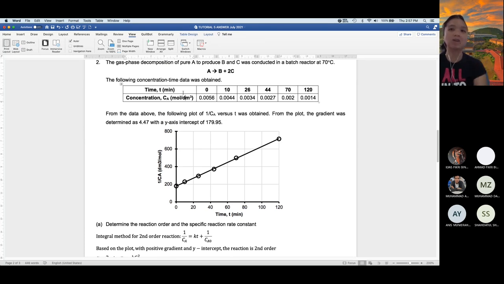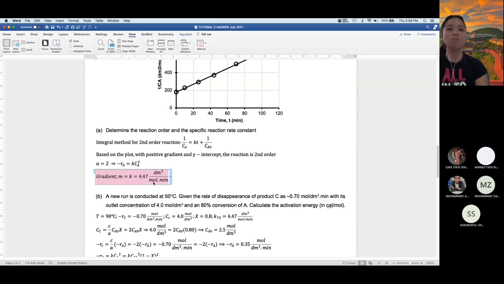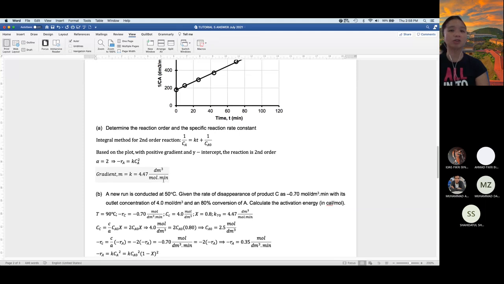So since kita kata second order is 1 per concentration time, that's why unit dia menjadi dm cube per mole minute. Concentration tu mole per dm cube, so that's why dm cube naik atas, mole di bawah, unit time minute. So dm cube per mole minute. Okay, so that's for question number 2A.